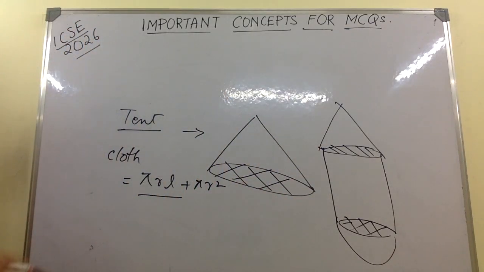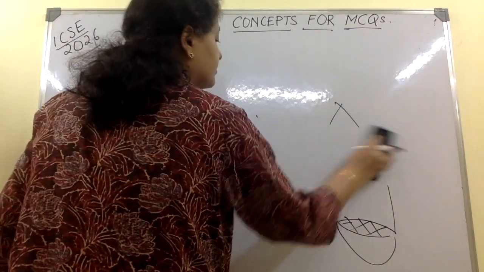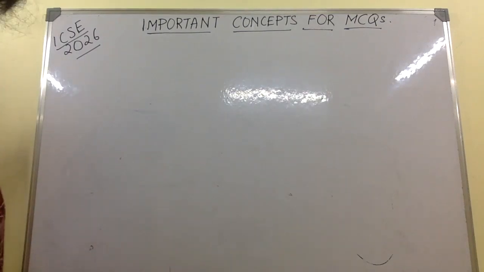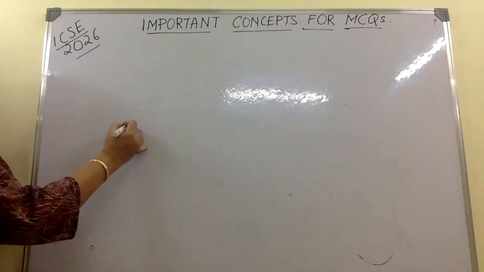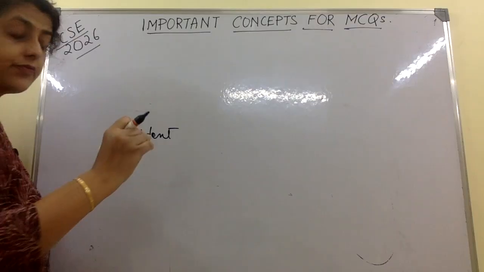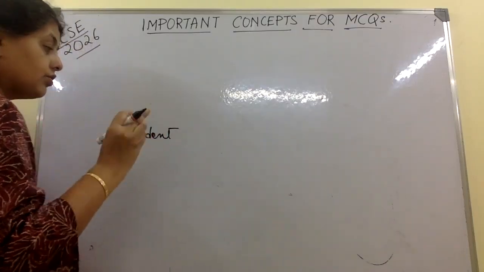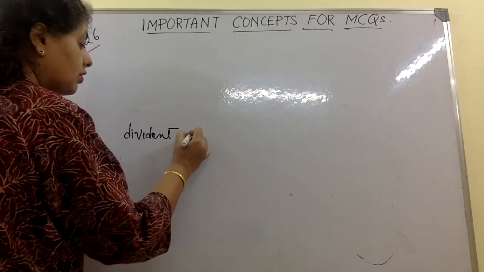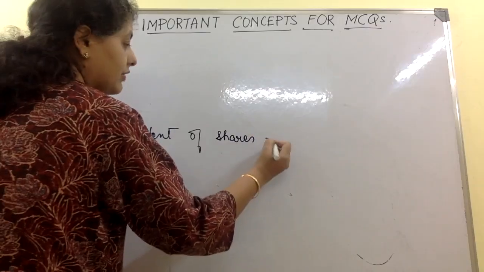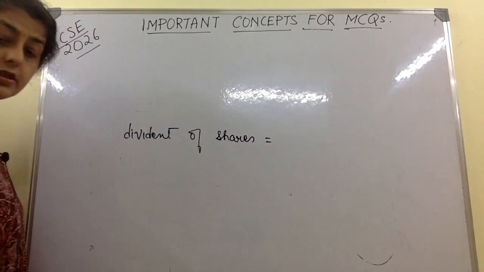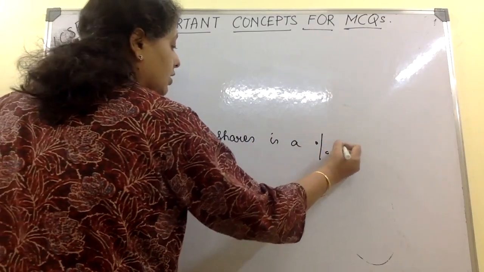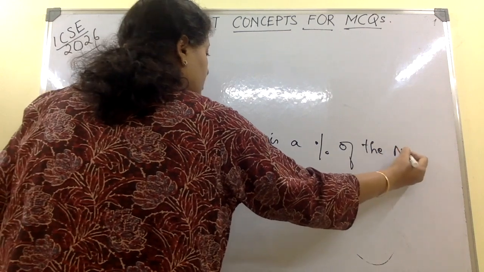Now one last thing from shares and dividends, that is, you all keep forgetting this. When you calculate dividend, now I am really not in favor of lots of formulae. I practically don't give any importance to that. Dividend of shares is always calculated as a percentage of the nominal value.